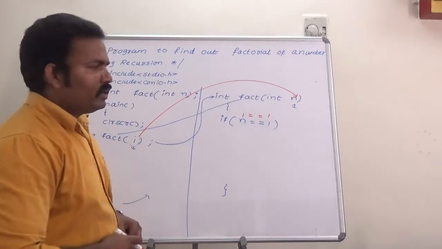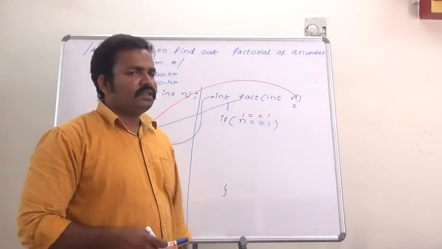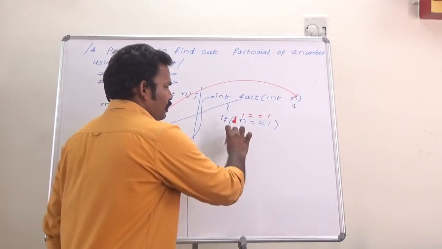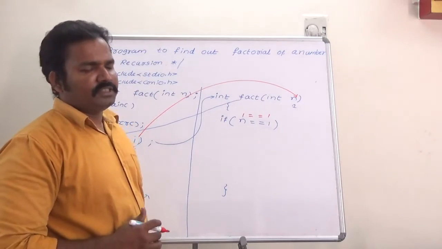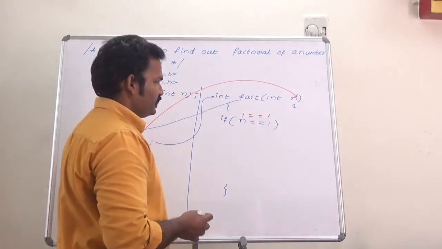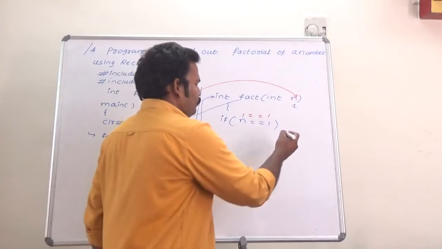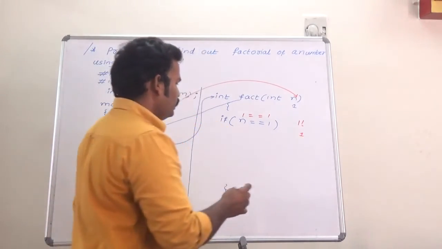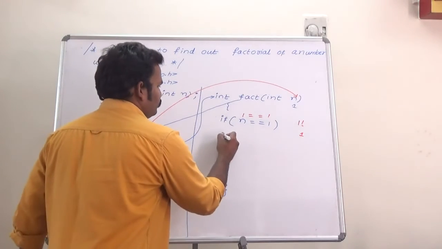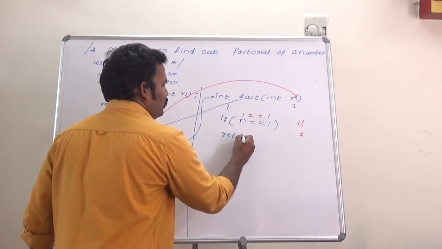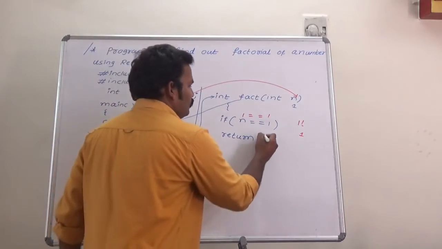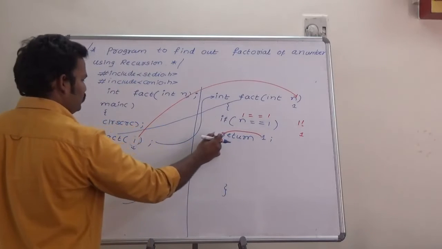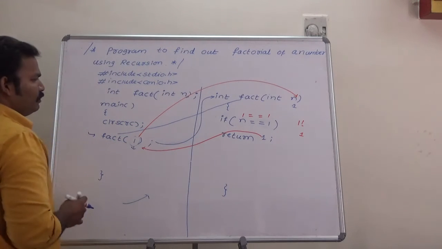Whenever execution control encounters if, first it checks the condition. If it is true, the if block statements are executed. So 1 is equal to 1, true. What is 1 factorial? 1 factorial is equal to 1, so we return 1. If this condition is true, I am returning 1 to the calling function, so 1 is returned to the main program.